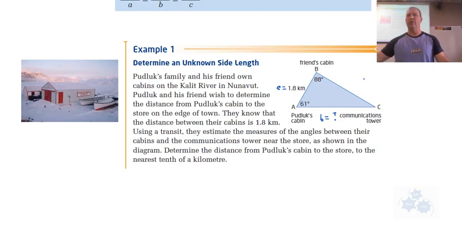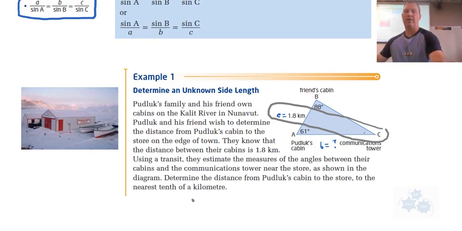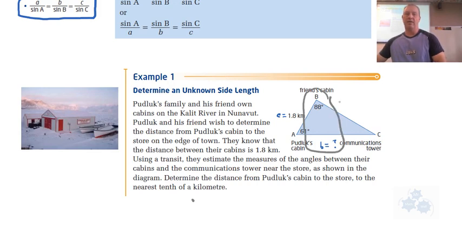So in order to use the sine ratio, here's a little tip for you that you will uncover, but I'm going to let you know right now. You have to have at least one pair of an angle and its opposite side that's given. We do not have the angle here given. We do not have the side here given.